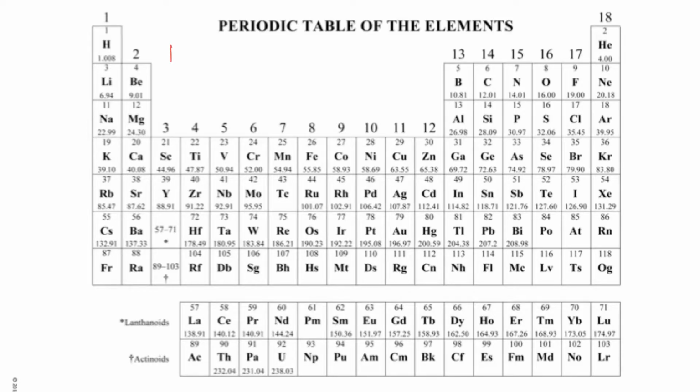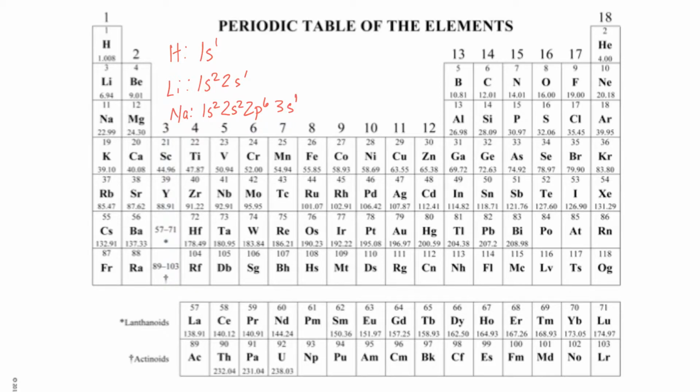I'm going to start by looking at hydrogen, and it has an electron configuration of 1s1. And then if I look at lithium, it's going to have an electron configuration of 1s2, 2s1. And then if I look at sodium, 1s2, 2s2, 2p6, 3s1.